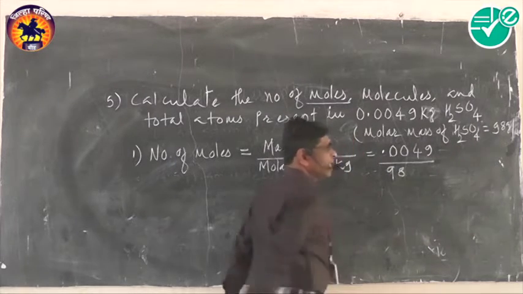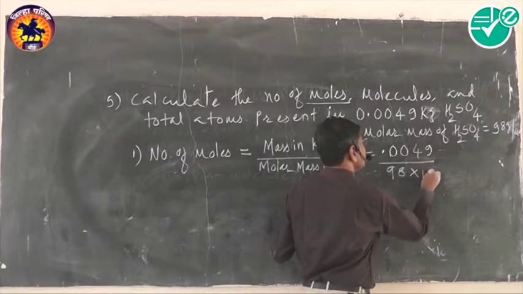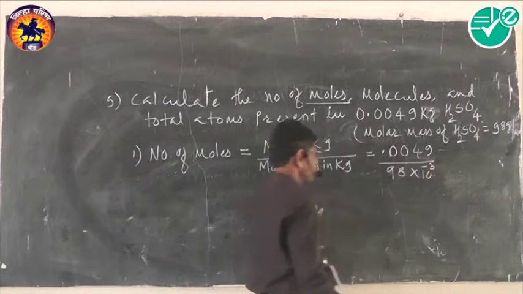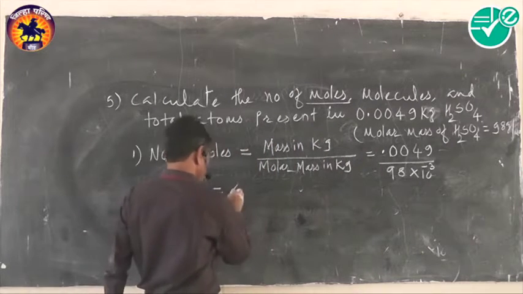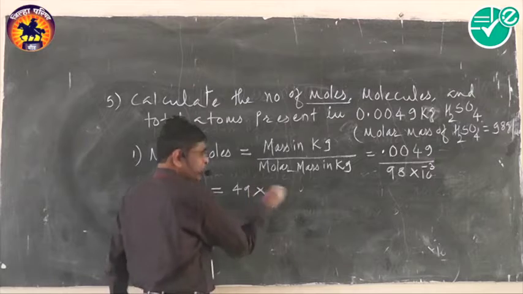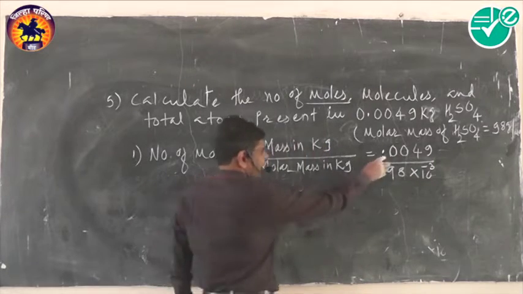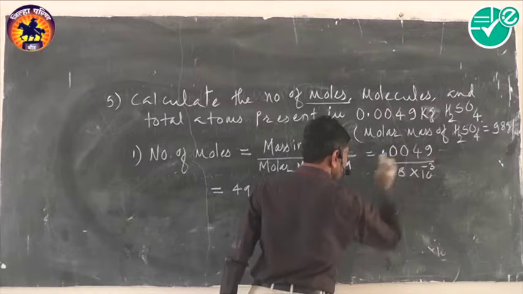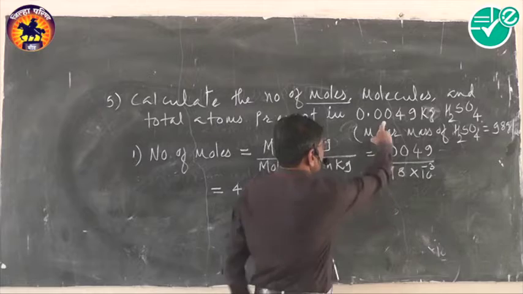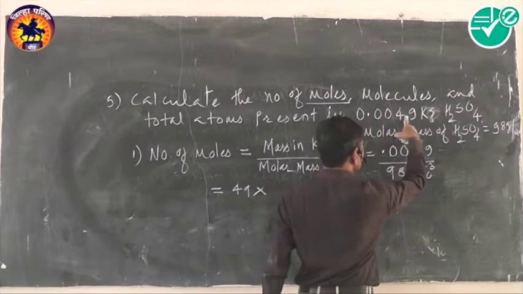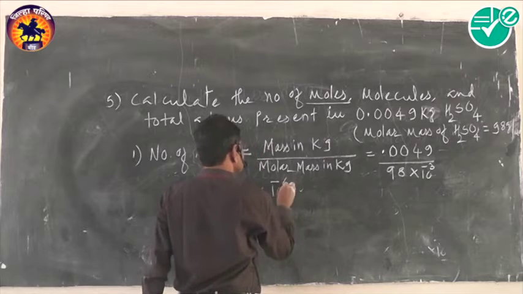Now this 98 gram is converted into kilogram, so 98 into 10 raised to minus 3, and 0.0049 is 49 into 10 raised to minus 4.